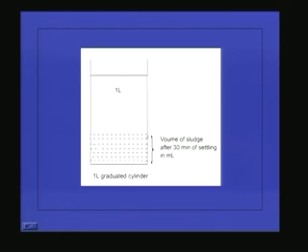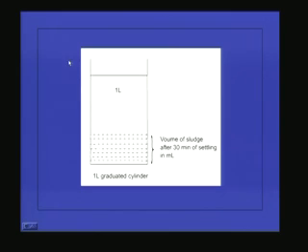I have already explained how to find out the sludge volume index. We usually use a 1 liter graduated cylinder. We take a well-mixed 1 liter sample of mixed liquor suspended solids, allow it to settle for 30 minutes, and find out the volume occupied by the sludge in the graduated cylinder. This is obtained in terms of ml.